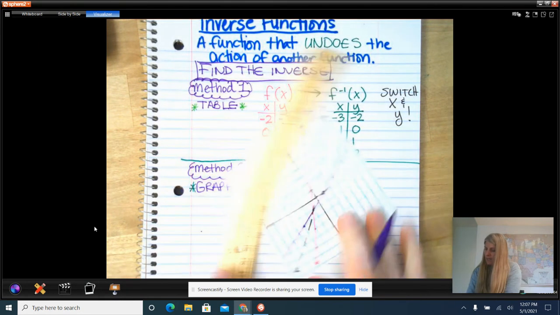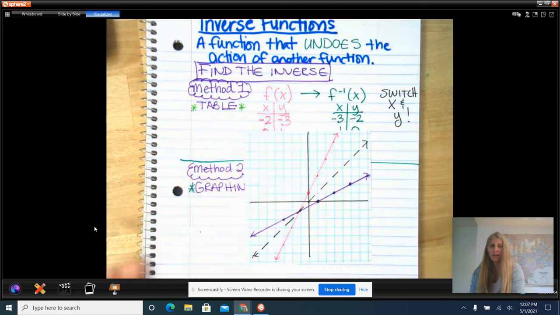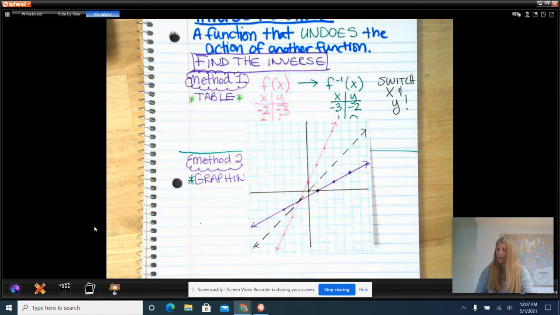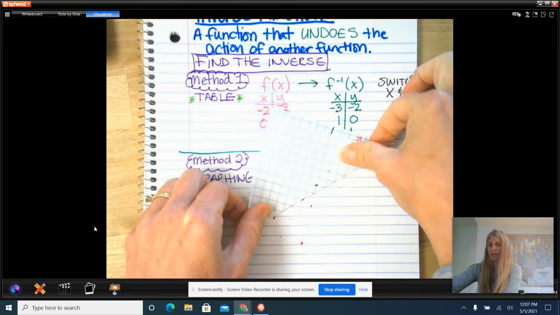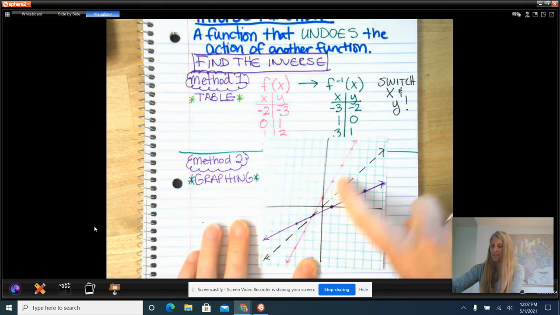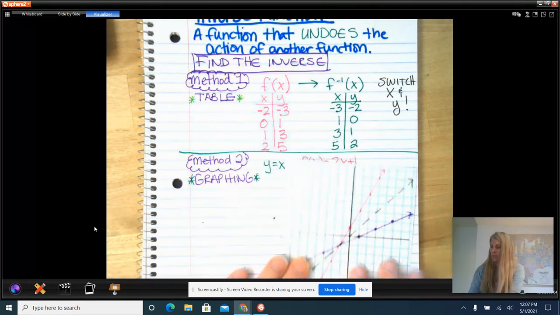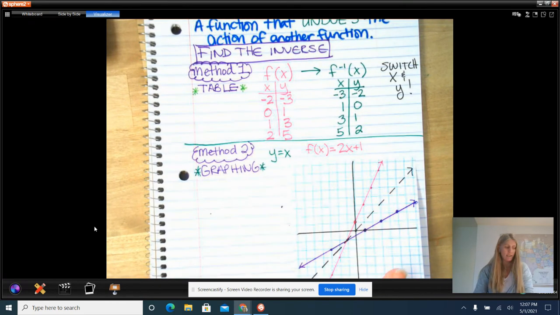And we now have the graphical representation. And as you can see, if I were to fold that over on the line y is equal to x, you can see that those are going to be on top of each other. So that's how we graph it, is we reflect it across the y equals x line.